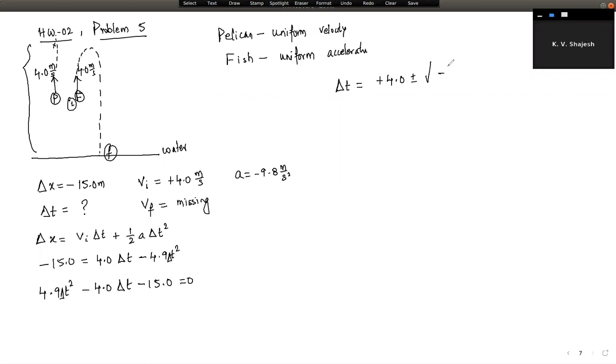So that's plus 4.0, minus 4.0 square minus 4 times a, which is 4.9 like last time, and c is minus 15.0, and divided by 2 times 4.9.